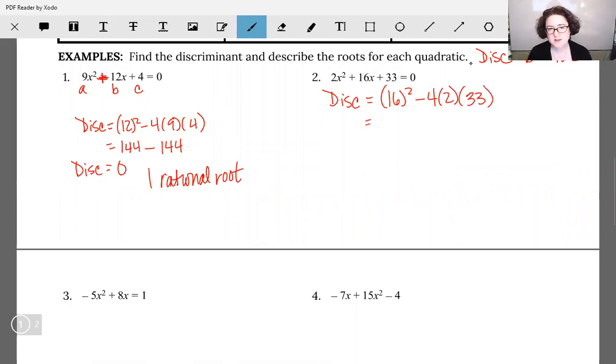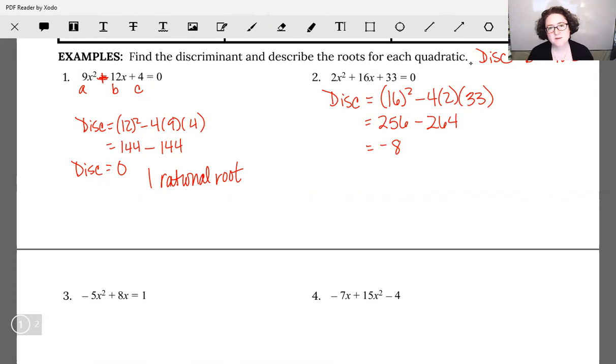And this is one where you might have 16 squared. If I'm not having the greatest day, I always like to check my math. And then we have 4 times 2 times 33, which comes out to 264. And this is absolutely going to get us a negative value. Specifically, 256 minus 264 gives us a negative 8.